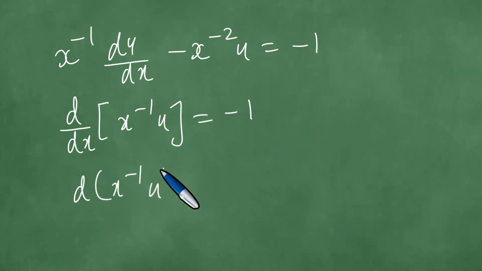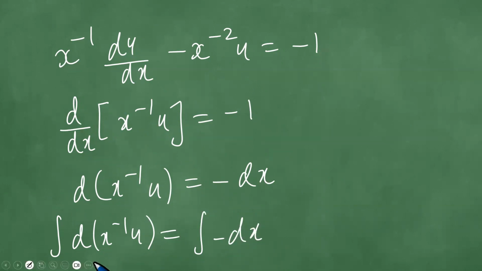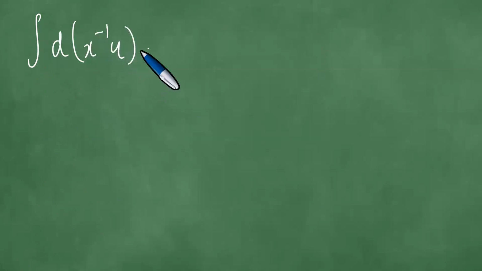And this can be written as d of x to the minus 1 u, which is minus dx. So if you integrate both left and right, what does this become? We have the integral of d of x to the minus 1 u, which equals the integral of minus dx.